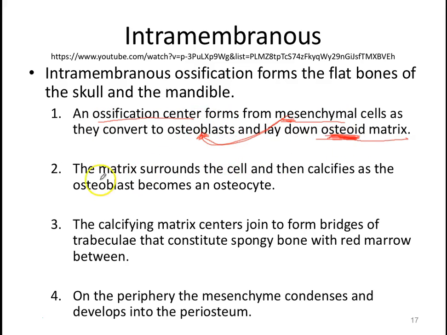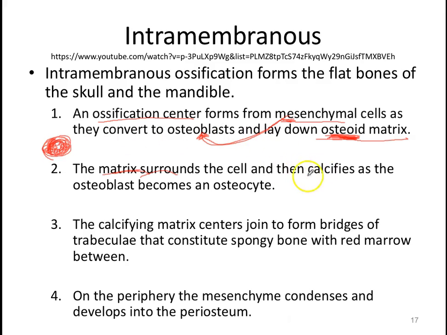So then that matrix ends up surrounding the cell because basically, you have a cell here, let's say this is the cell, and it's producing the stuff around it. So here's this bone that it's making, and I'm just drawing it like that. I'm not saying it's creating the concentric lamellae or anything. It's just producing all of this osteoid matrix around it, so it becomes surrounded by it.